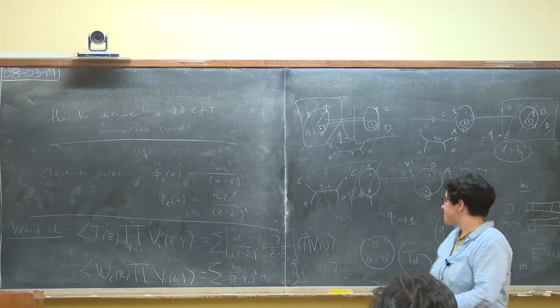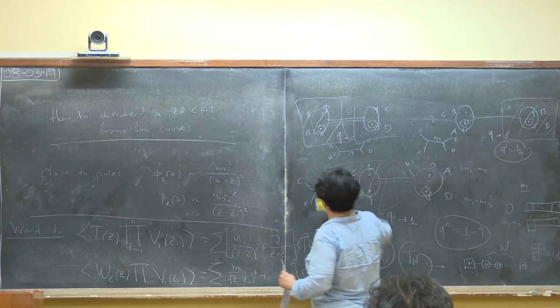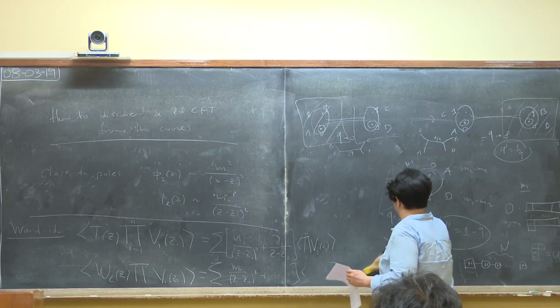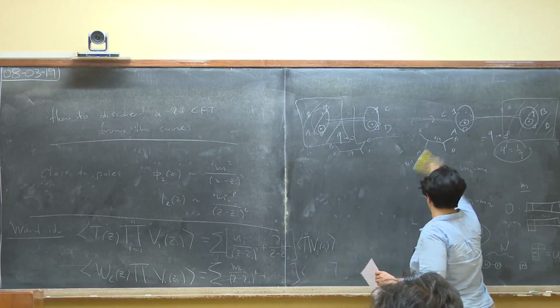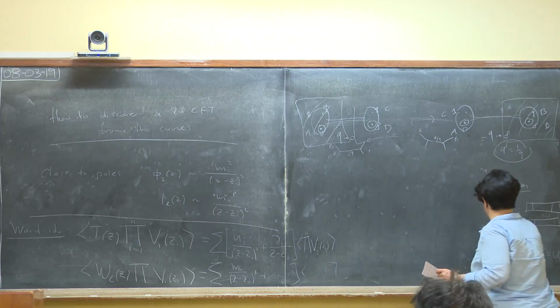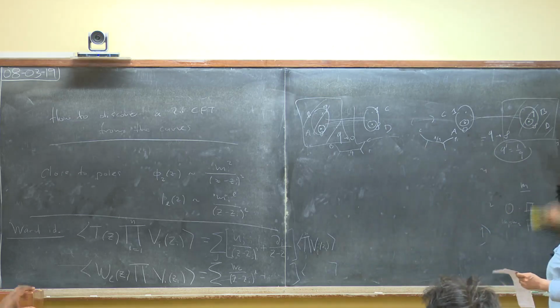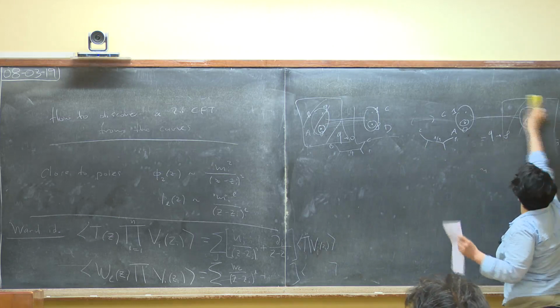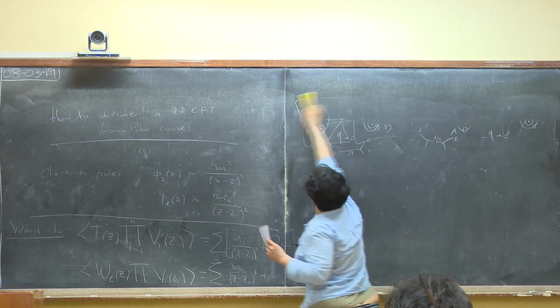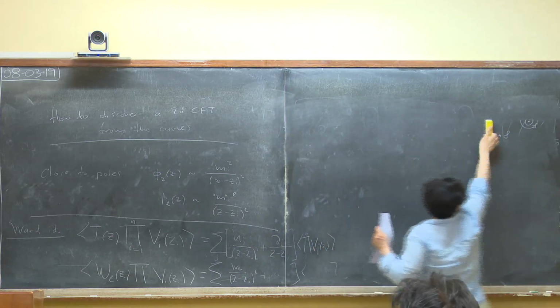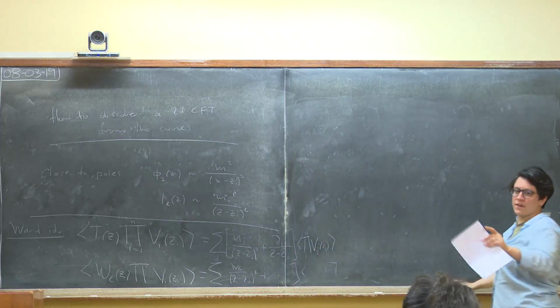Similarly, you take phi of Z, wherever there is a function, you see this diagram. So from the point of view of the CFT, this phi is just an auxiliary function which encodes the vertex operator.